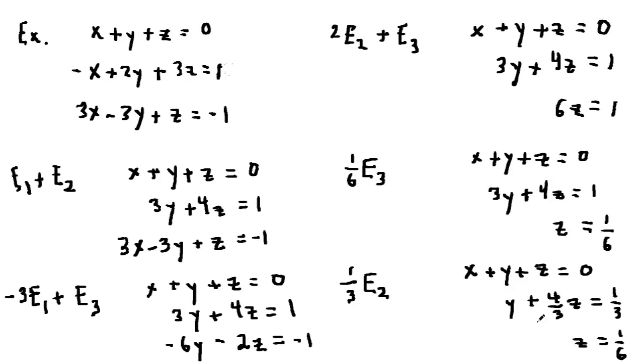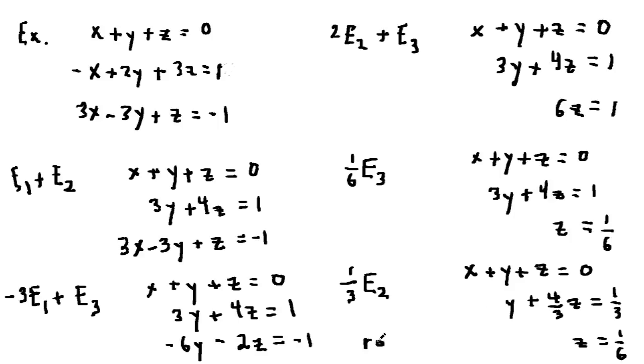Okay, so now we have this set of equations. All the coefficients of these leading variables here are 1. Now, when you have this triangular shape here, we reduced it to this triangular shape. All the variables in the front have coefficient 1. Then we say that it's in row echelon form.